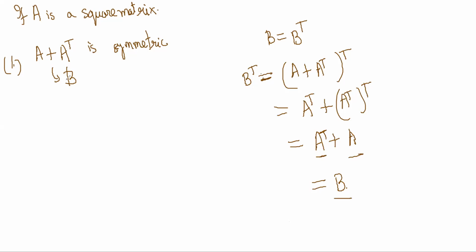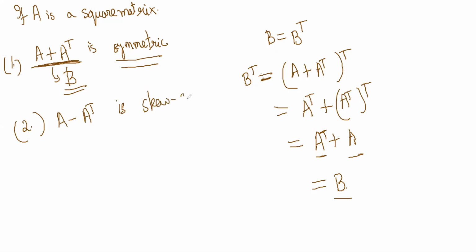So in general, you can prove that this matrix is always going to be symmetric, and this matrix A minus A transpose is always going to be skew symmetric by the same method. You have to prove that B is equal to minus B transpose for skew symmetric, and B is equal to A minus A transpose.